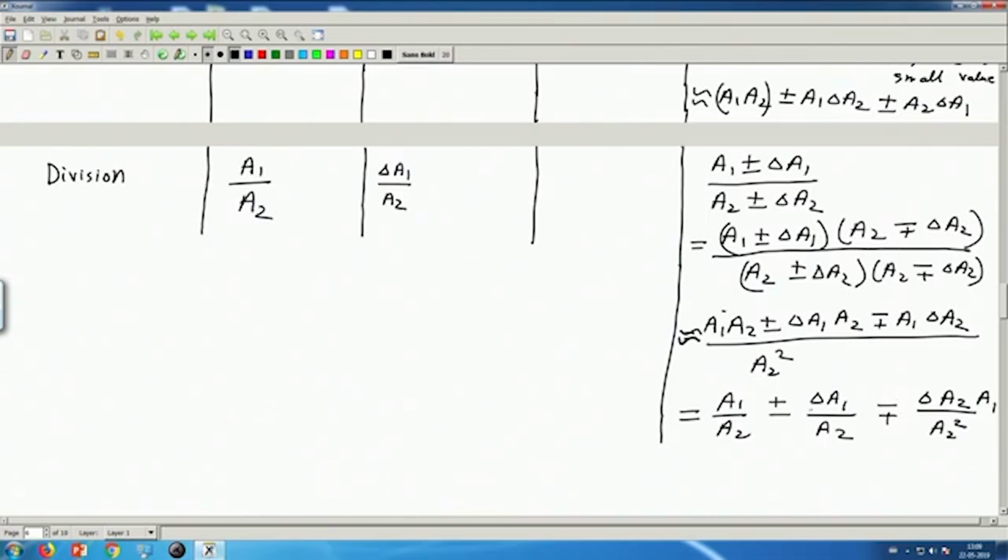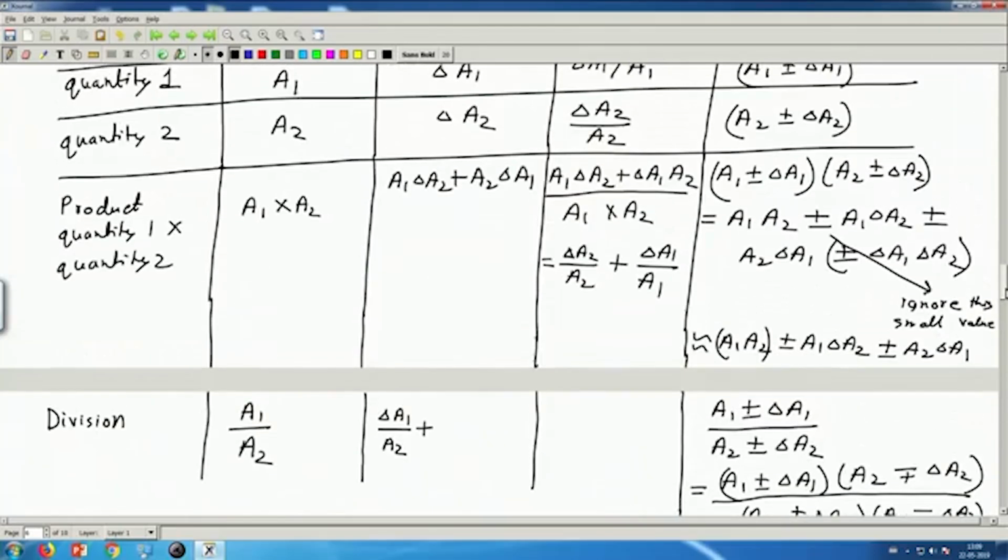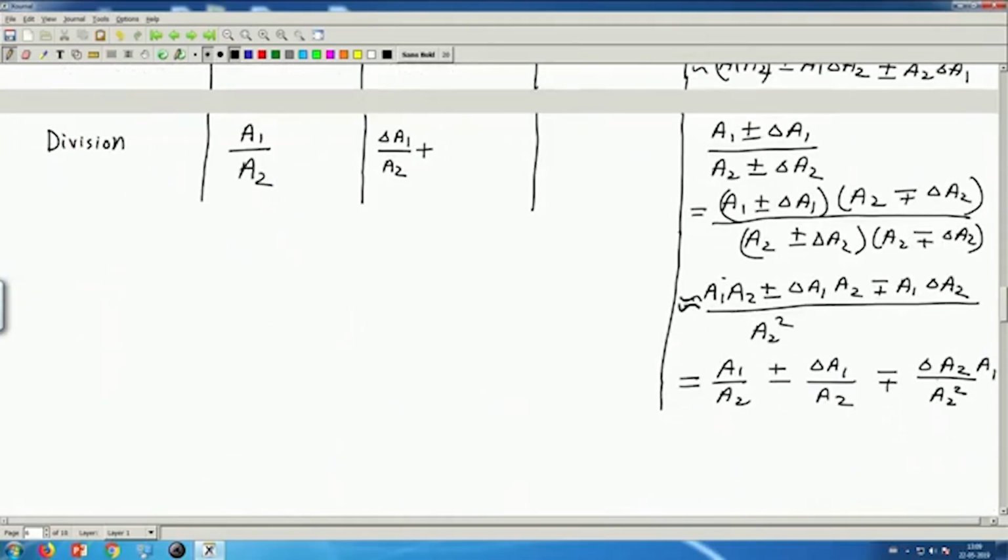The worst case scenario will be when these two are added together. So we will write it as delta A2 A1 divided by A2 square. So this is the absolute error.